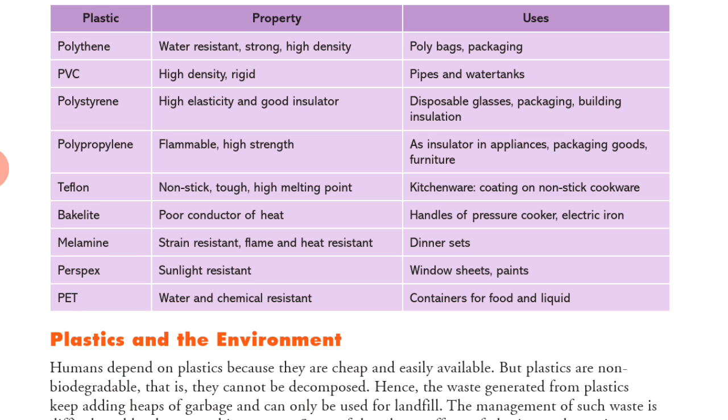Perspex: sunlight resistant, used in window seats and paints. PET, polyethylene terephthalate: water and chemical resistant, used for containers for food and liquids.